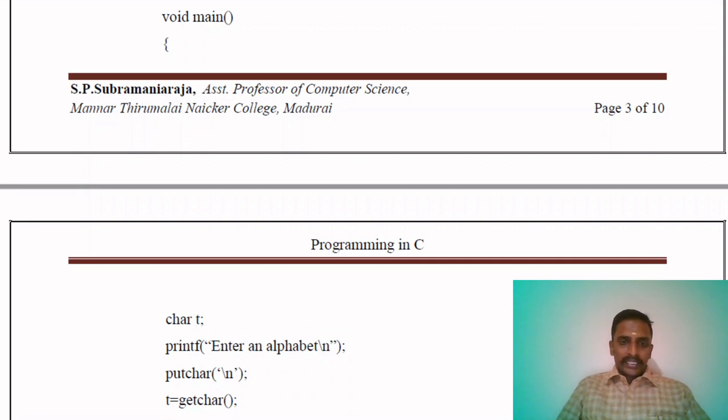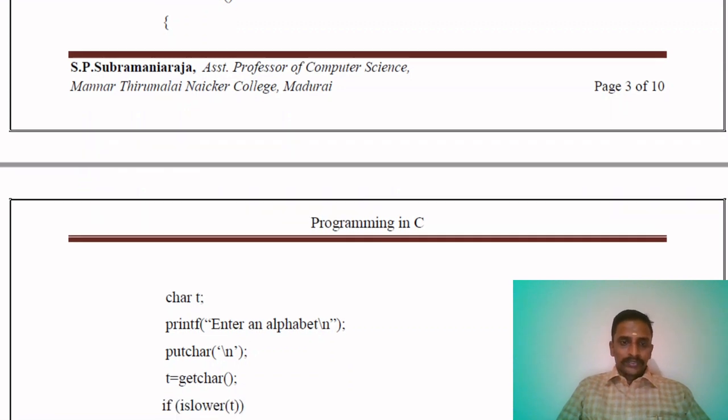Next one, getchar. The character will be taken from the user and stored in t. The t is the variable, so t will have the character that is entered by the user.